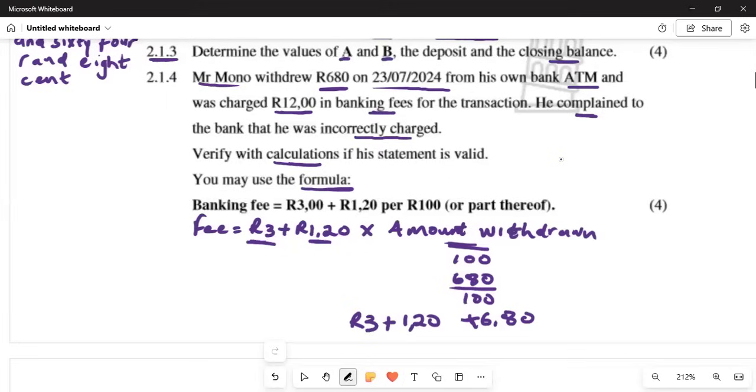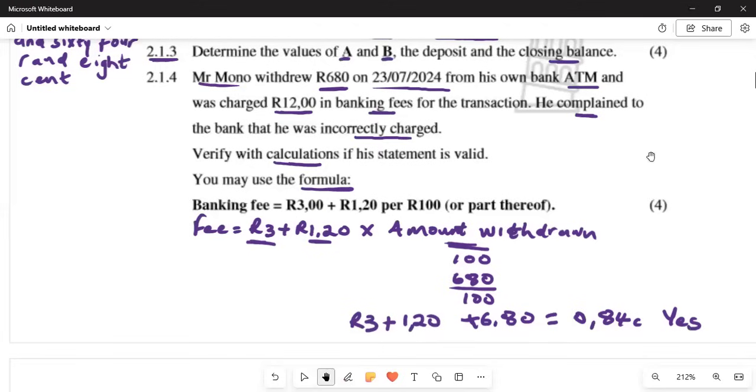That is equal to 0.84, so that is 84 cent. So yes, indeed, the claim is valid. You get your marks. He was charged 84 cent over.